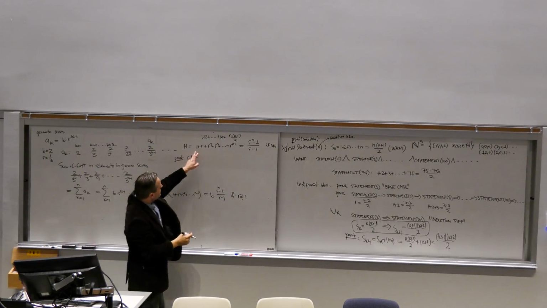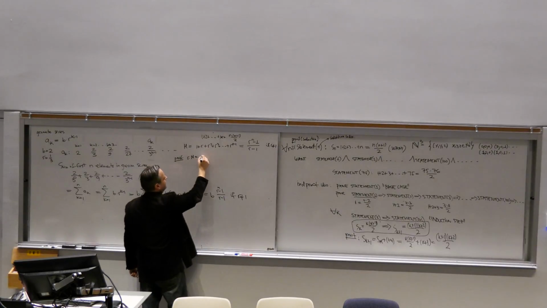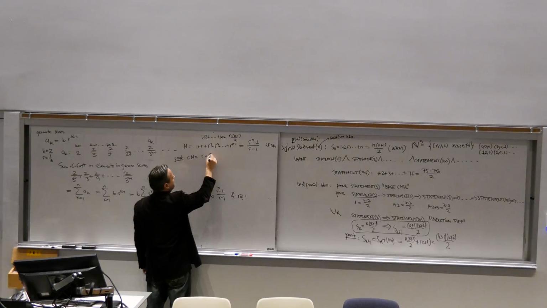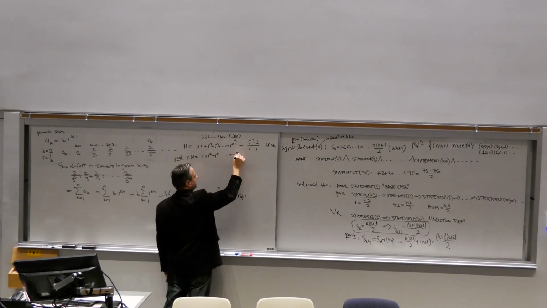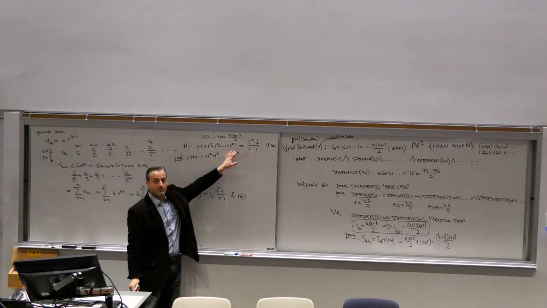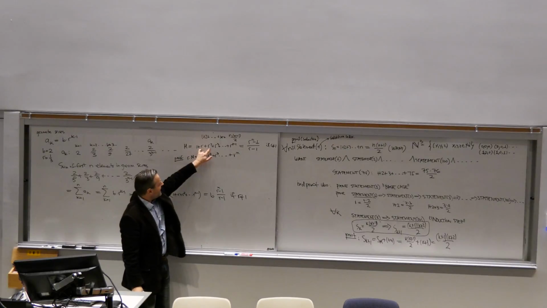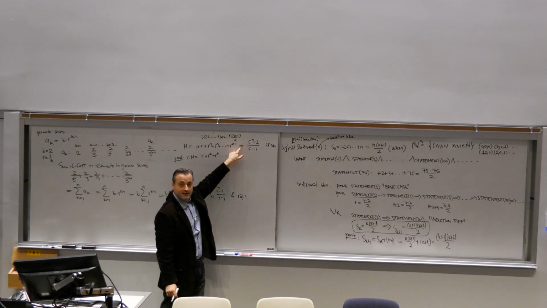I'm going to align it. 1 becomes r when I multiply by r, r becomes r squared, then r cubed, and the last one, r to the n minus 1, becomes r to the n. Everybody can see this, that if I multiply this whole sum by r, I get r, r squared, r cubed, r fourth, r to the n minus 1, and the next one, r to the n.